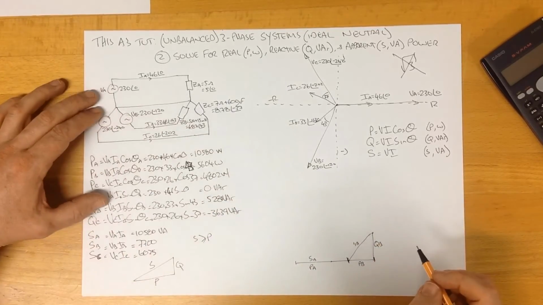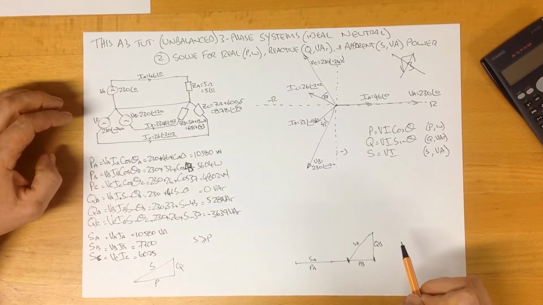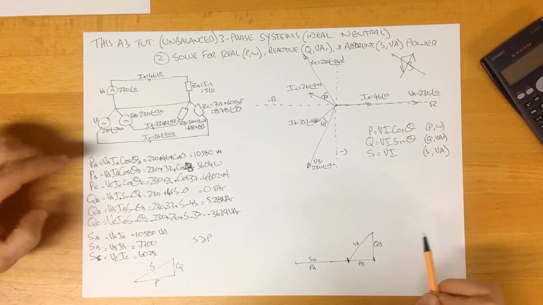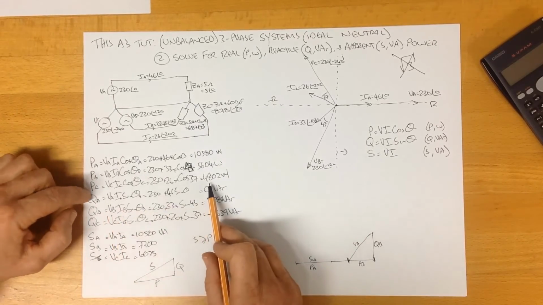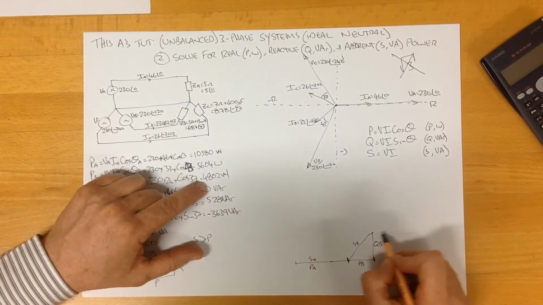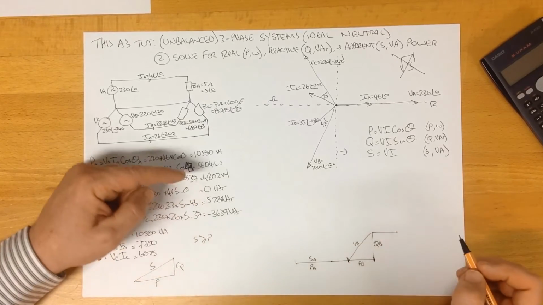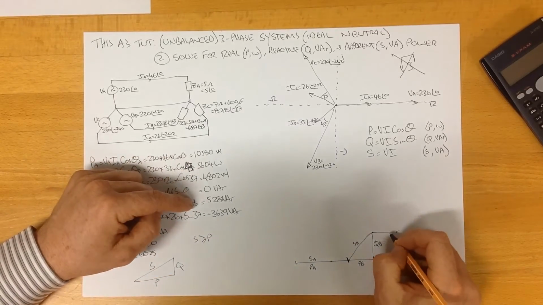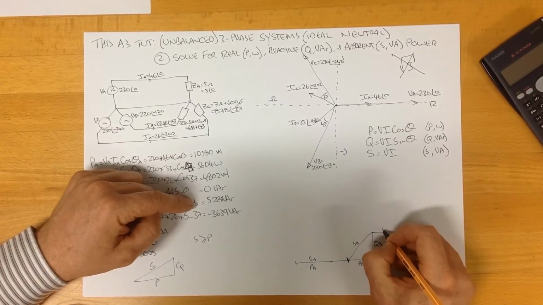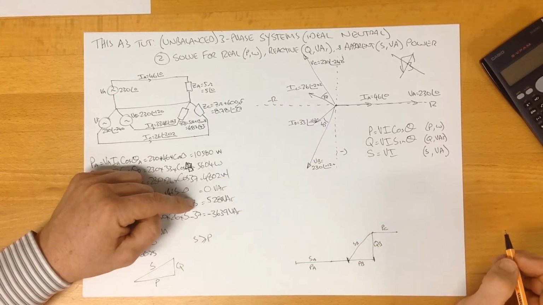Now we can add on the power factor triangle for phase C. PC is 4,000, which is a bit less than that, so we'll draw it to about there. And we'll call that PC.